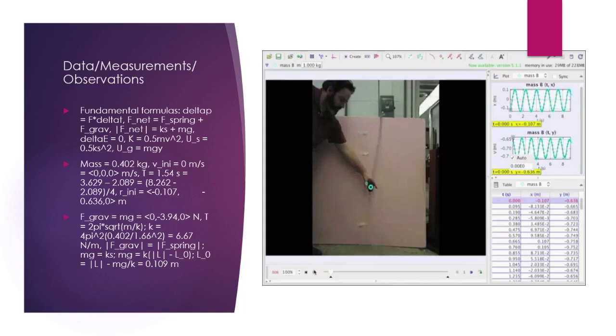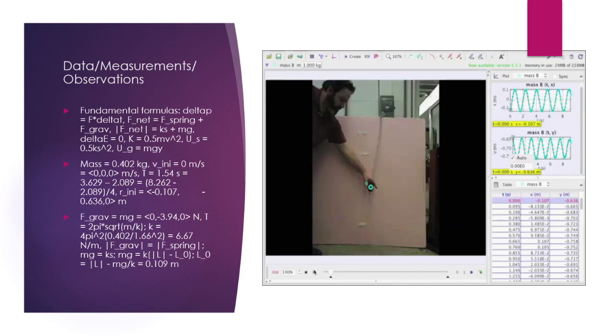In solving for this lab, the mass was 0.402 kilograms. The initial velocity was 0 meters per second, which is also shown in the form of a vector right below. The period is 1.54 seconds, which was calculated by reviewing the video frame by frame and calculating it from there.